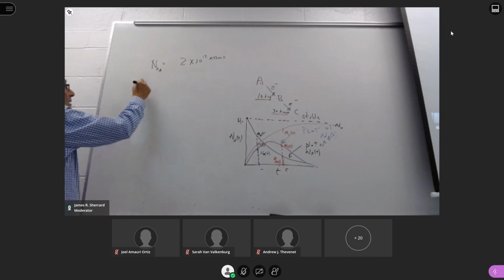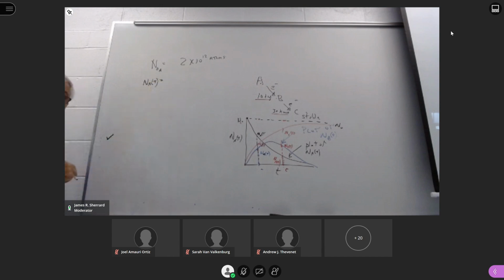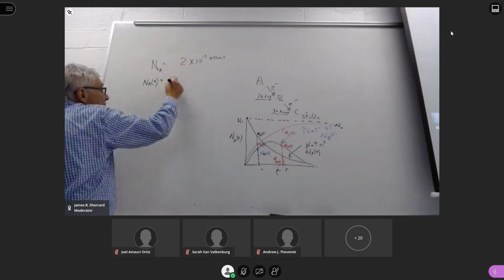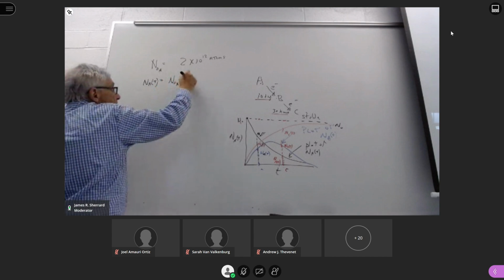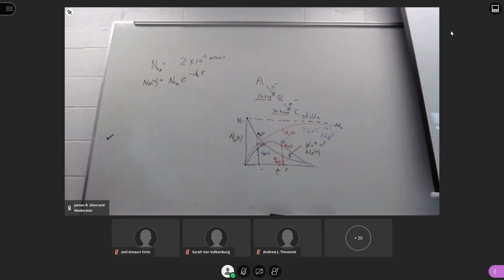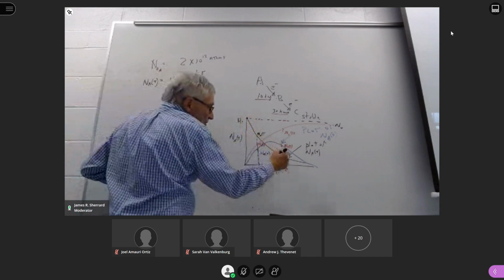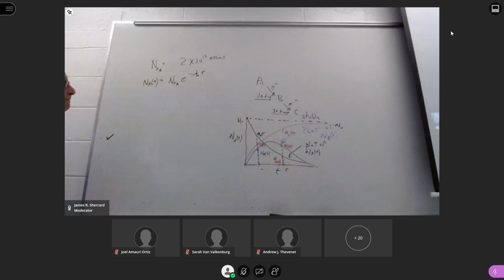We know the equation to look at the natural radioactive decay of A is this. If I plot this equation, it looks exactly like this black line.